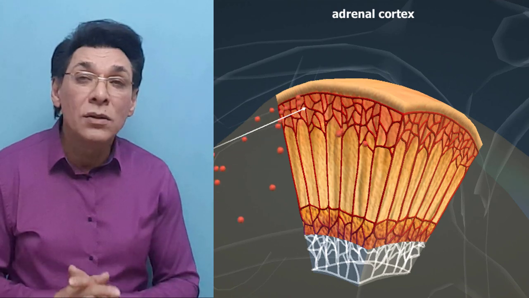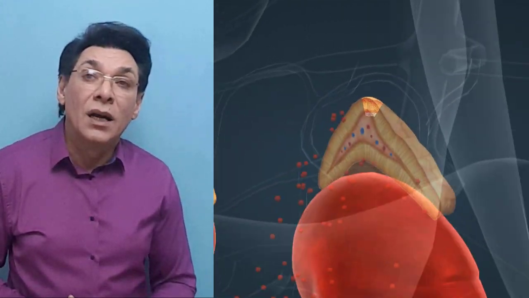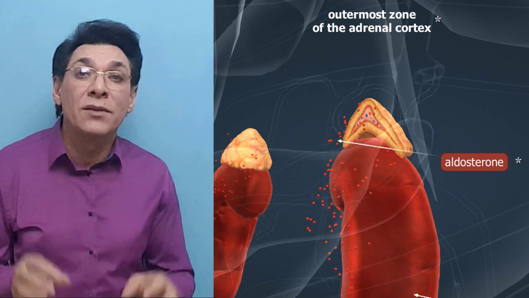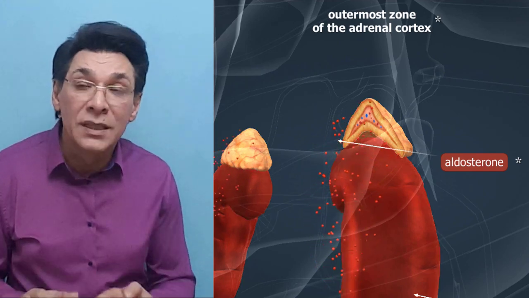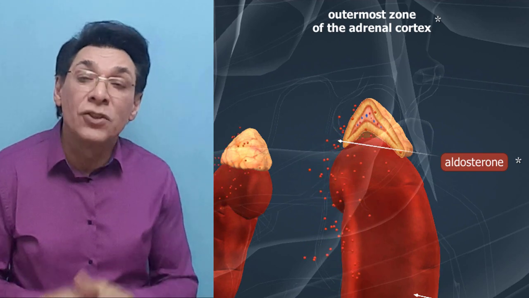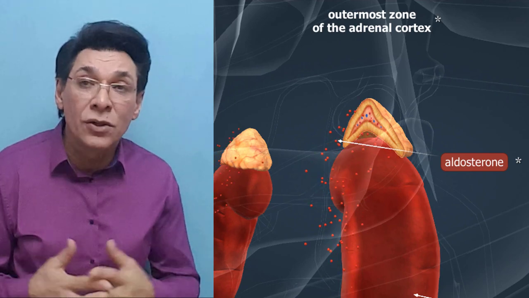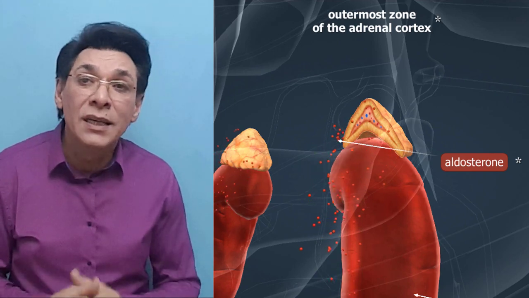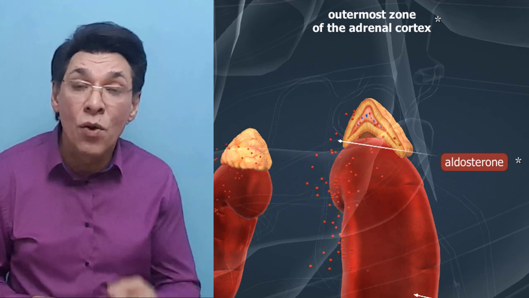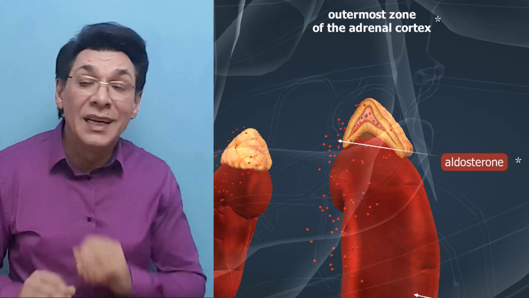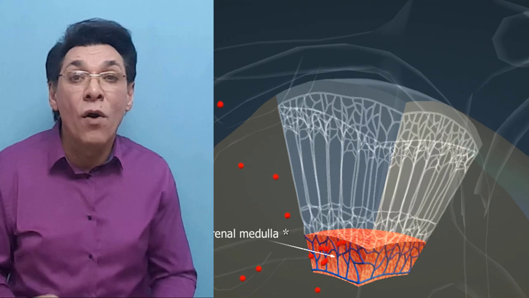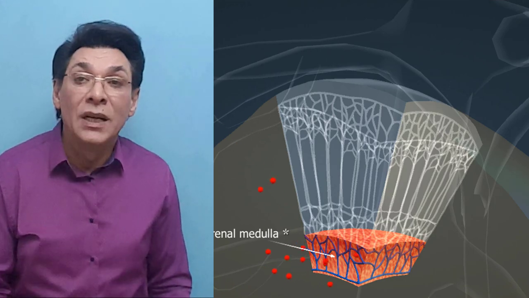Mineralocorticoids, also called MCs, are produced by outer zone, affect electrolyte balance in body fluids. First hormone of mineralocorticoids is aldosterone, major MC, is secreted in response to low plasma sodium, low BP, high plasma potassium, or presence of angiotensin II.